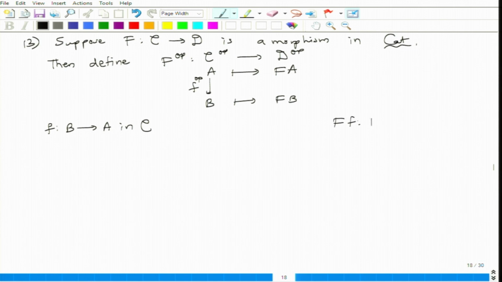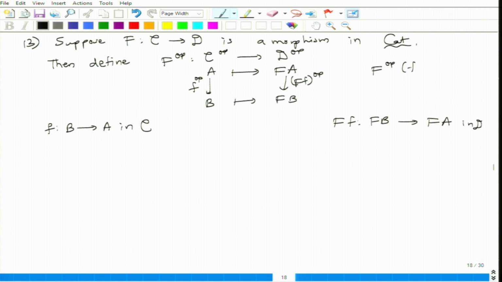Ff from Fb to Fa in D. And corresponding to this Ff, what do I have? Ff op from Fa to Fb. So what is the ultimate expression?